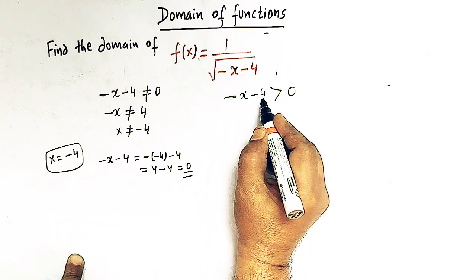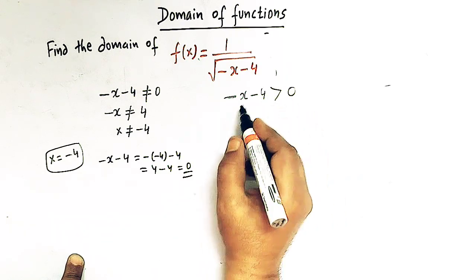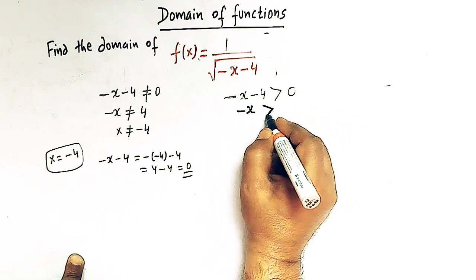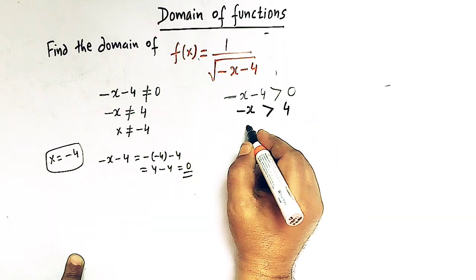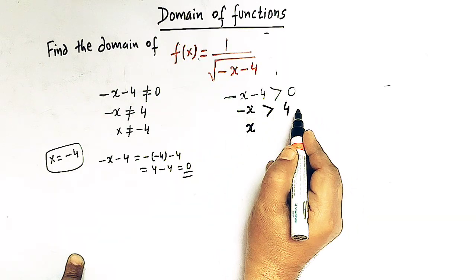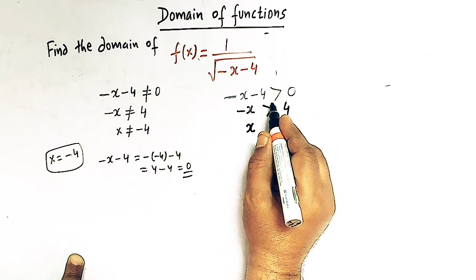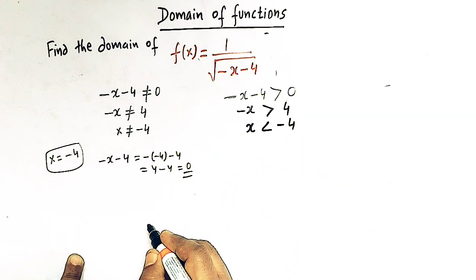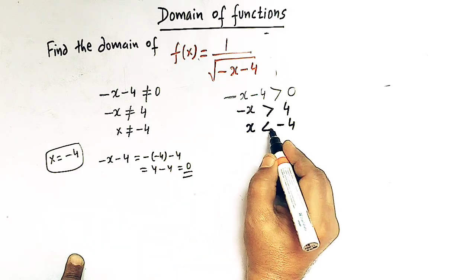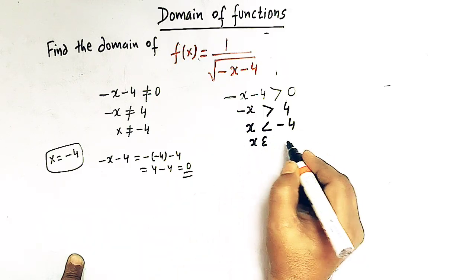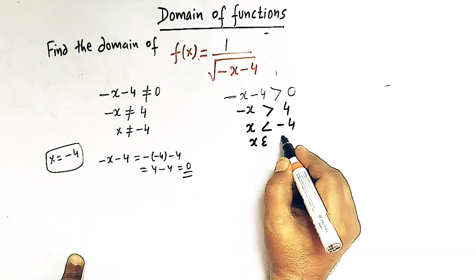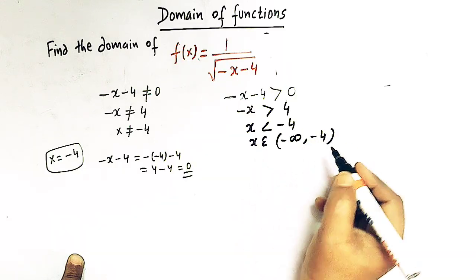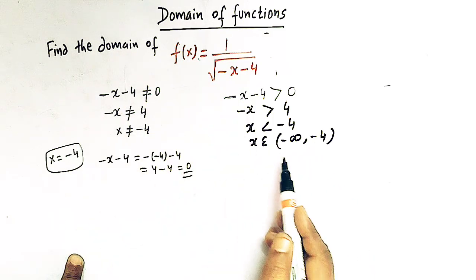So minus x minus 4 should be greater than 0. So let us solve this inequality. So we have minus x greater than 4, and then we can multiply both sides by minus 1, so the direction of the inequality gets reversed. So here we have x less than minus 4. So x less than minus 4 can also be written like this, that is x belonging to the interval minus infinity to minus 4.